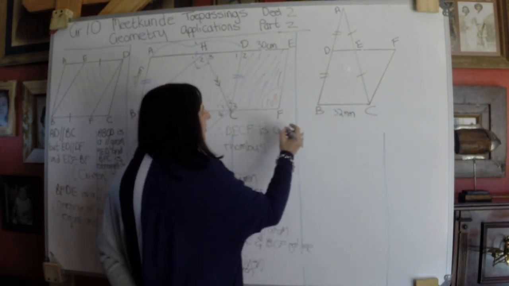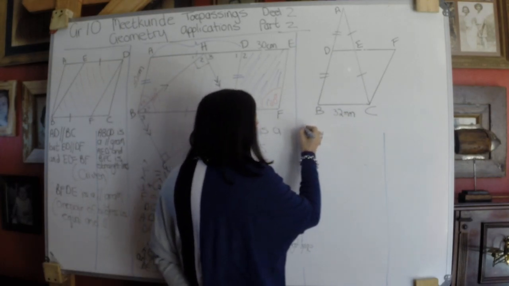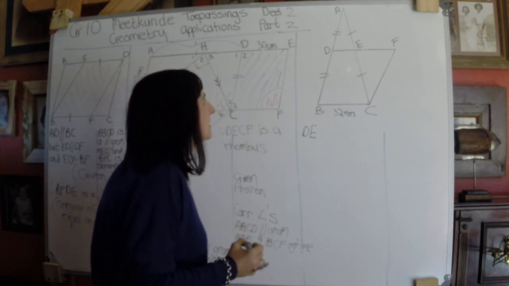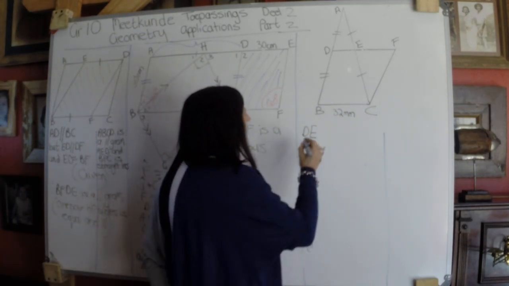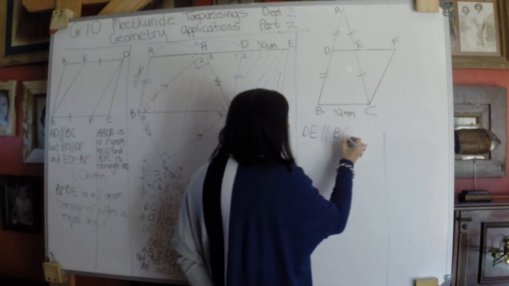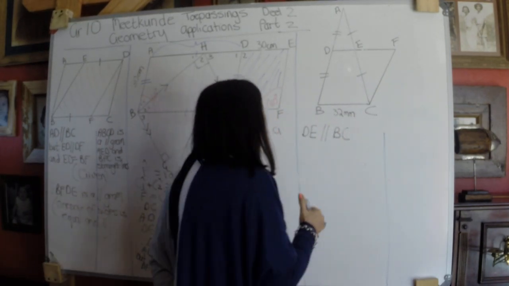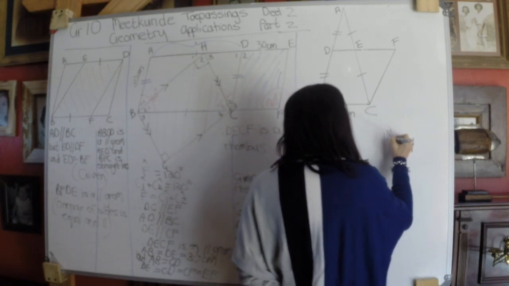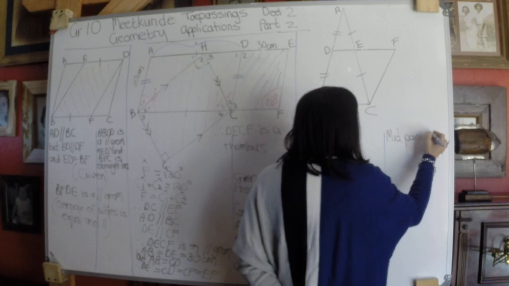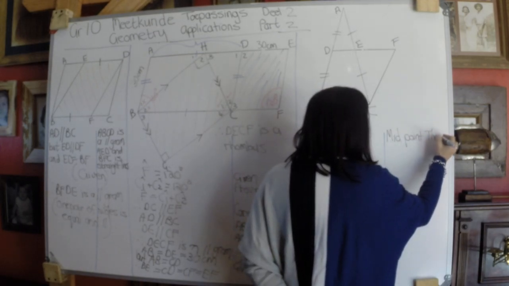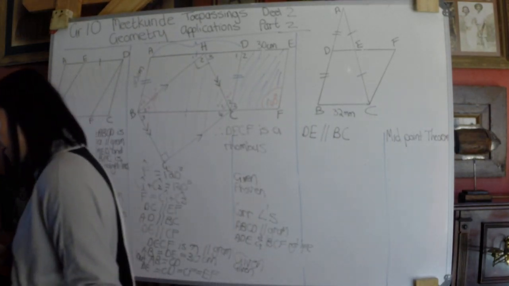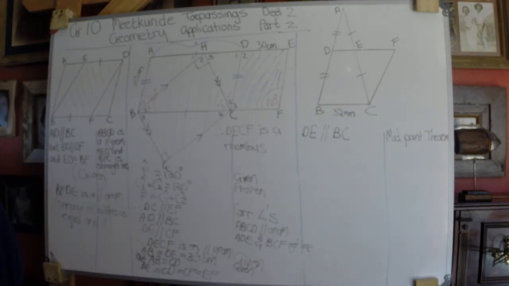Goed, so ek kan dadelik gaan sê, DE is evenwydig aan BC, why? Midpoint theorem. Midpoint theorem. Good, let's say that immediately.